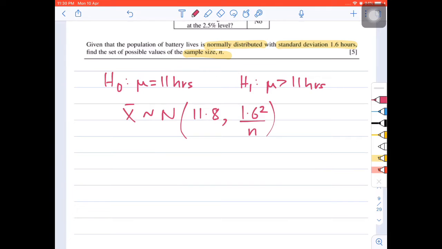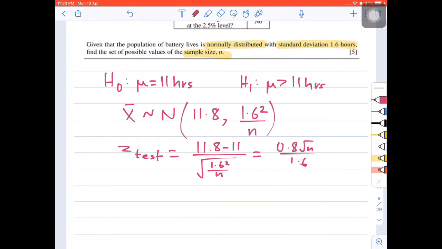Using this, we could find the z-test value. So 11.8 minus 11 upon root of 1.6 squared upon n. This will be 0.8 root n upon 1.6. That is 0.5 root n.